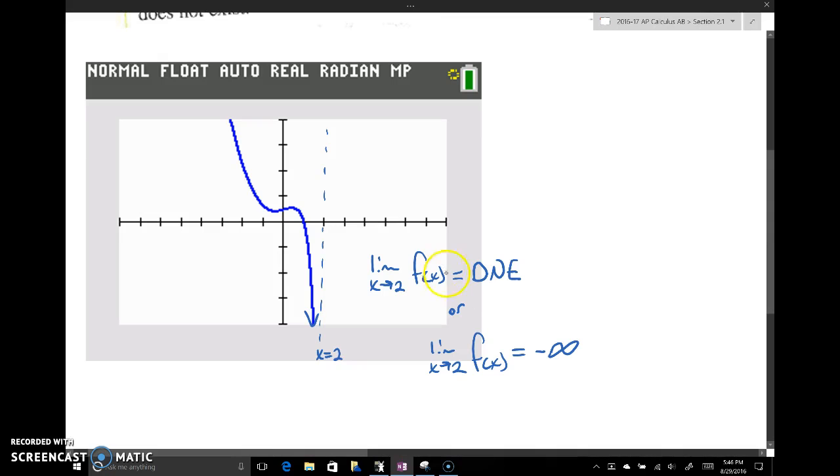Okay, you're going to find these situations where the limit does not exist, or the function is approaching infinity or -infinity, at vertical asymptotes. So that's a vertical asymptote right there.